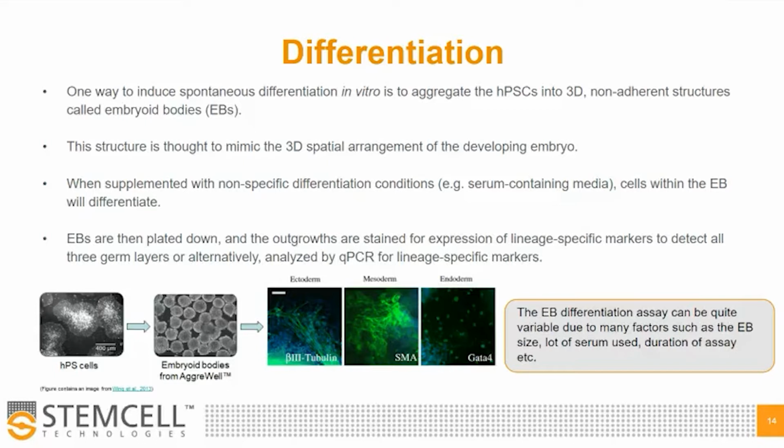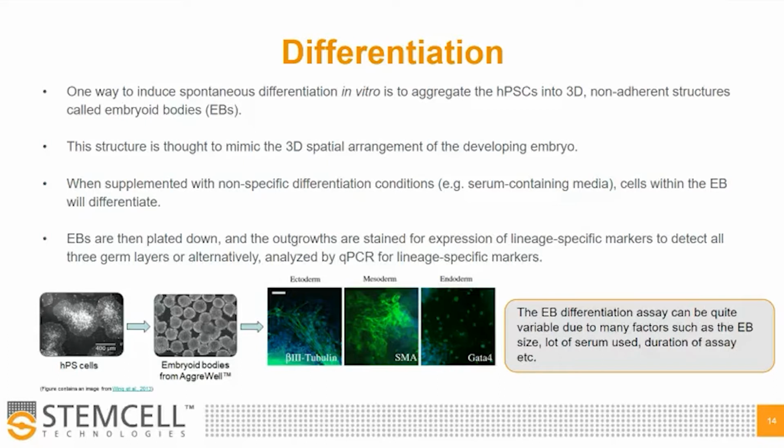When supplemented with non-specific differentiation conditions, as in with the use of serum-containing medium, the cells within the EB will spontaneously differentiate. The EBs are then plated down, and the outgrowths are stained for the expression of lineage-specific markers to detect all three germ layers.